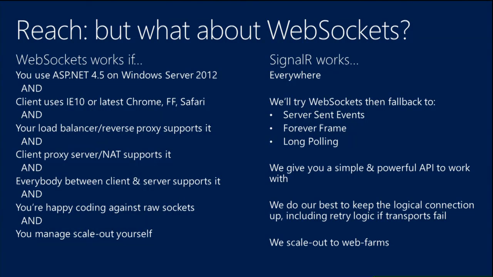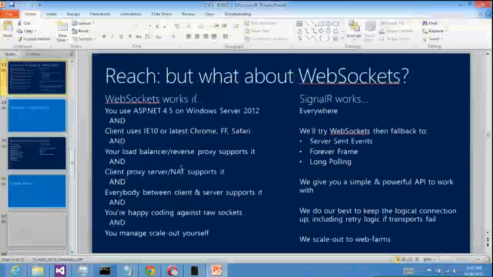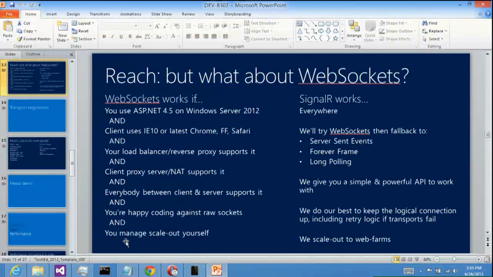It either uses WebSockets or server-side events or forever frame or long polling. But what it guarantees you is that at any point, your application will stay connected, no matter what the client and the server support. So it takes away all the plumbing required to make your application work across the whole world. And that also makes it possible for SignalR to scale out to web forms as well. So let me show you how this happens as well.